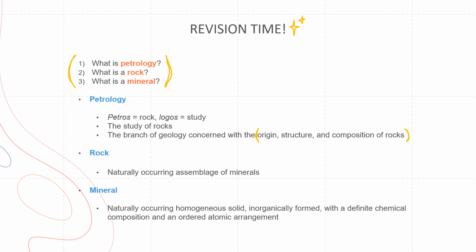So these are the three things that we will be focusing on when we talk about metamorphic petrology. And so what are rocks? Rocks are naturally occurring assemblages of minerals. And what are minerals? Minerals are naturally occurring homogeneous solids, inorganically formed with a definite chemical composition and an ordered atomic arrangement. Okay, so now that we've got that down pat, we can move on to the next section.